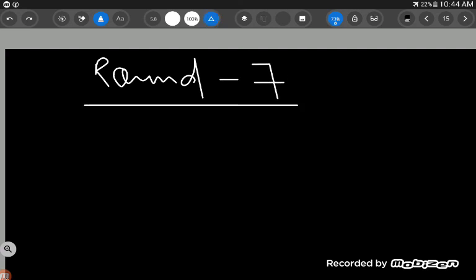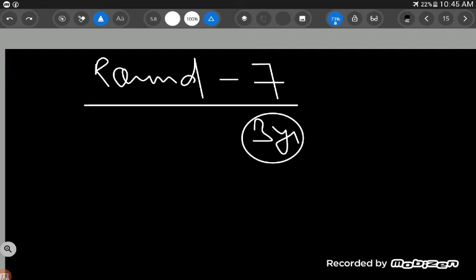Round 7. First of all, we will write the first bye according to the rule, and remaining teams we will rotate.